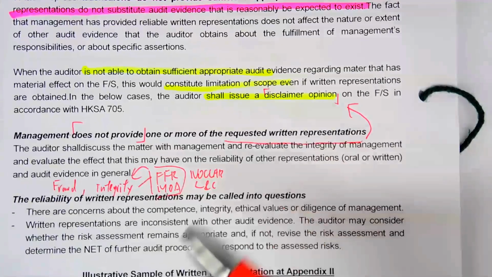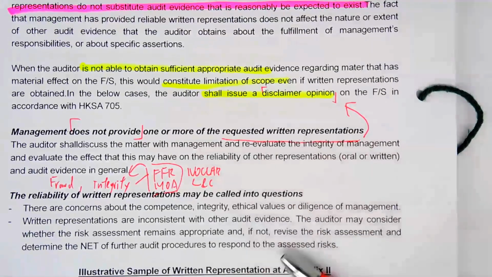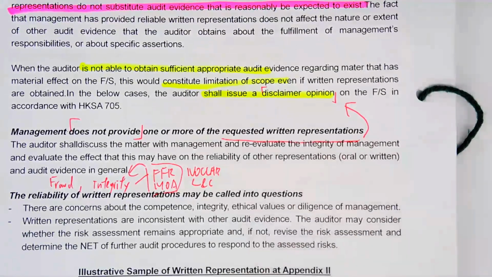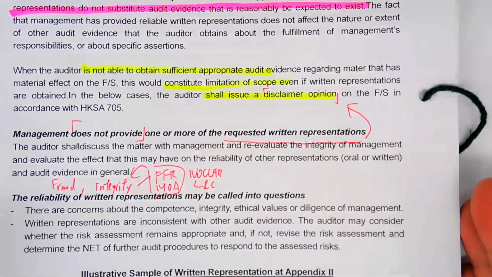Something happened, we assess the ROMM, perform further audit procedures. You still cannot obtain sufficient evidence. Either go disclaimer, or if you confirm it is an acceptable disagreement or limitation, issue a qualified opinion or even an adverse opinion. It depends on the situation.